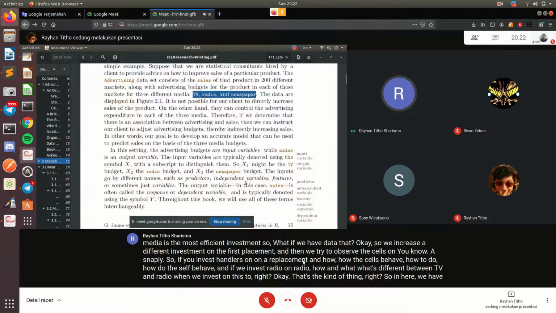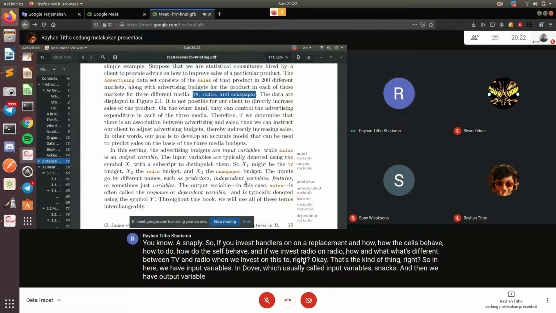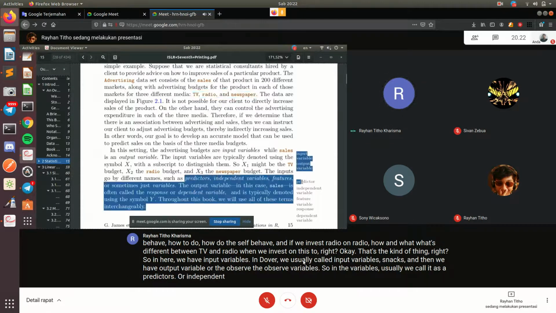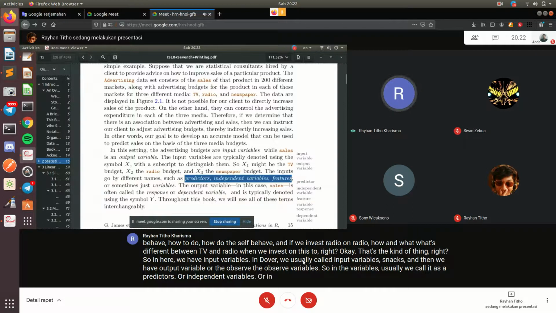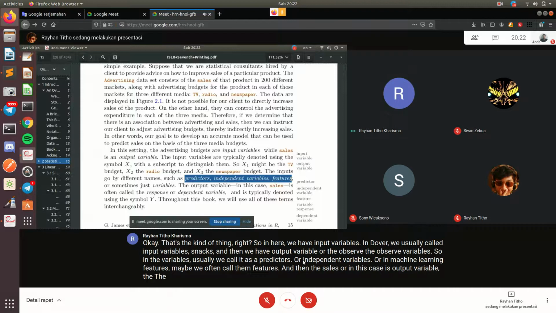Then we have input variables, which we usually call X, and then we have the output variable, or the observed variable. Input variables are usually called predictors or independent variables, or in machine learning, features. And then the sales, in this case, is the output variable, the thing that we observe.